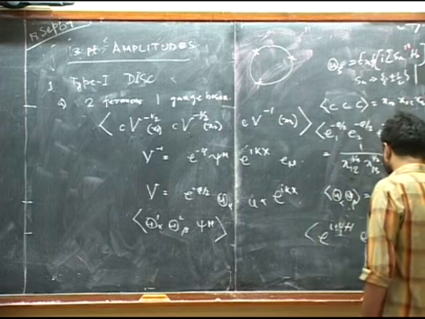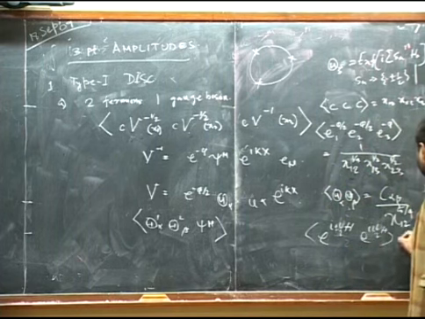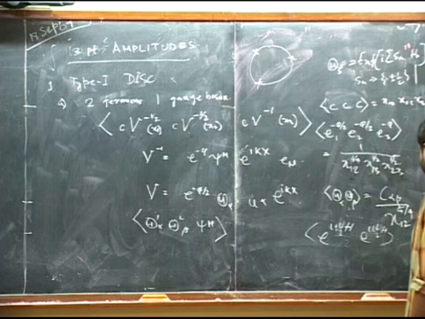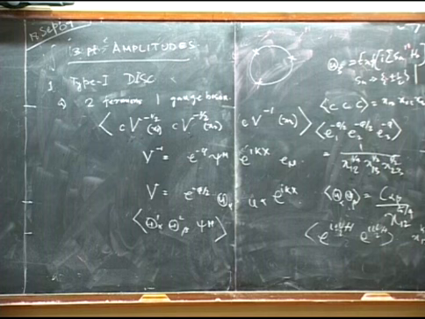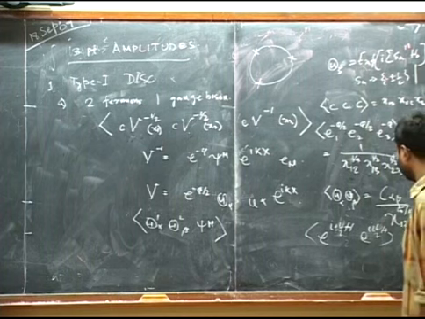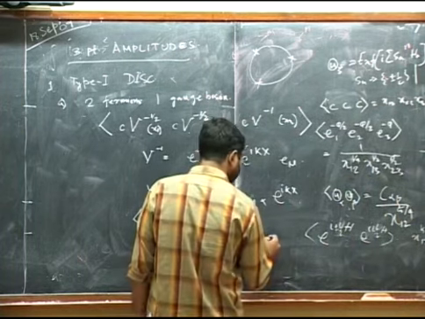What is the formula for the weight of e to the power i k h? Just the dimension. What is the scaling dimension of e to the power i k h?